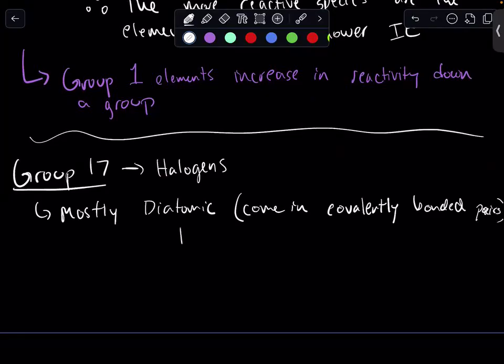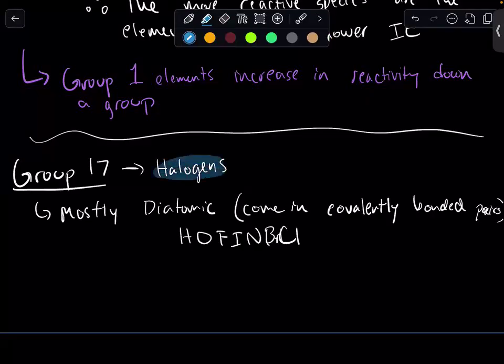And also just remember these are HOFINBrCl, the halogens specifically being fluorine, iodine, bromine, and chlorine. Those 4 are all halogens.